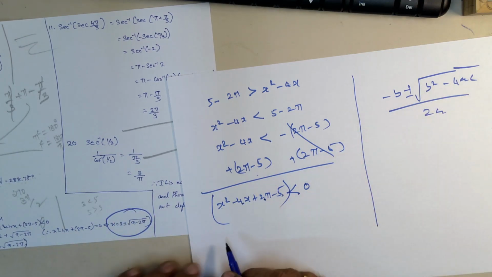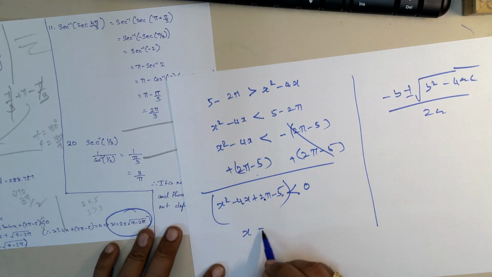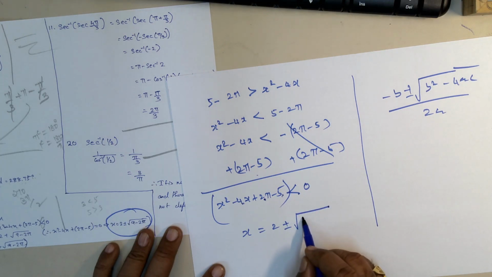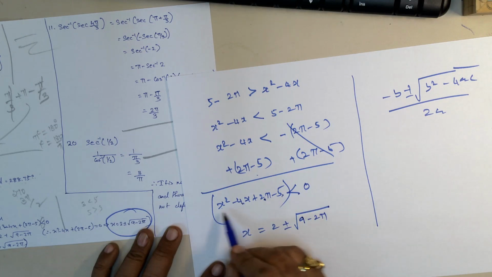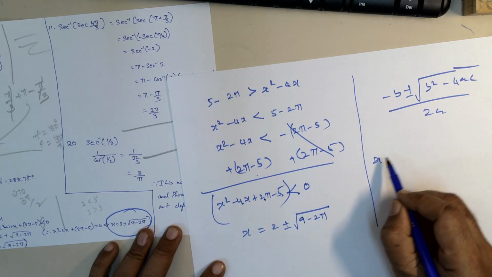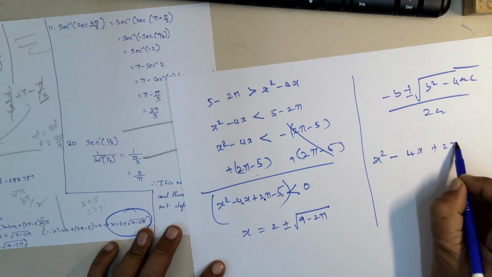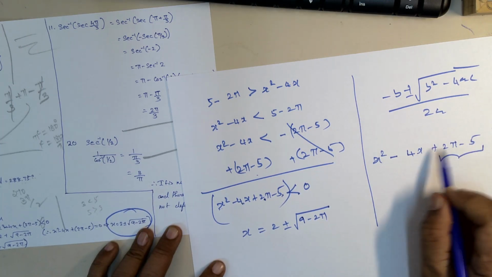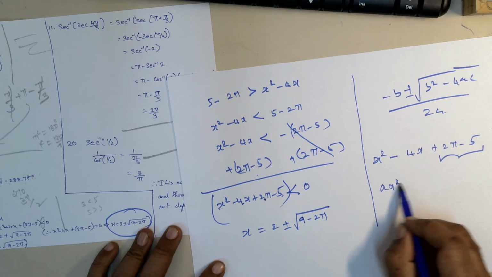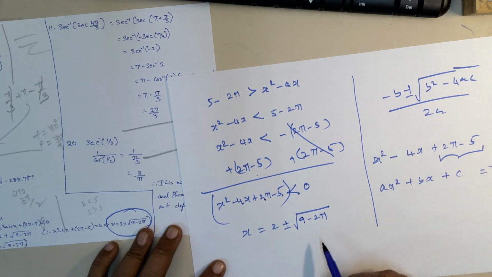Okay, so you have to adopt this formula, and now you are able to get x is equal to 2 plus or minus the whole square root of 9 minus 2 pi. Let us compare x squared minus 4x plus 2 pi minus 5, where this is the constant, and this is bx. So you can put ax squared plus bx plus c is equal to 0.